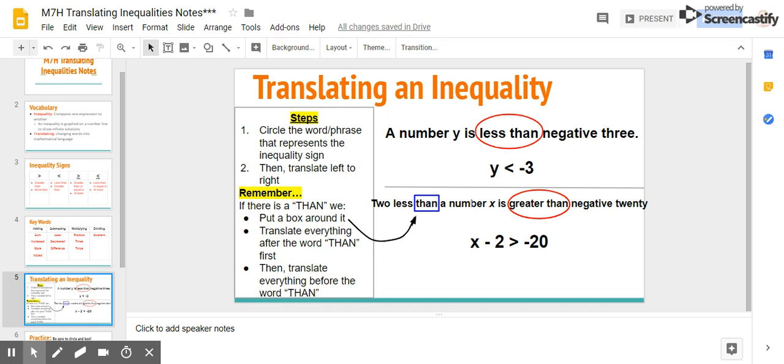So a number x goes first. Translate everything before the word than second, 2 less. So when we put that into math language, we have a number x, and 2 less means -2. And then here's what we circled for symbol, greater than. So greater than sign, -20.